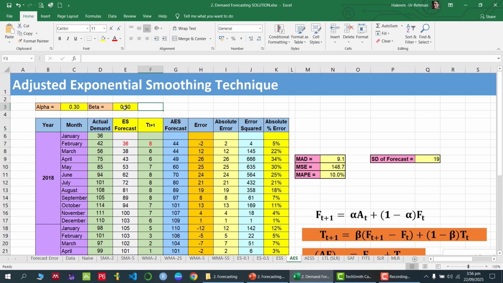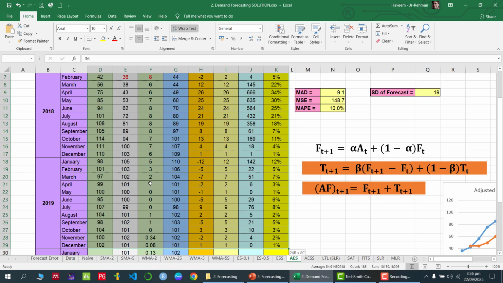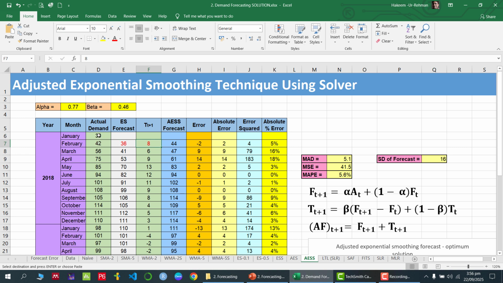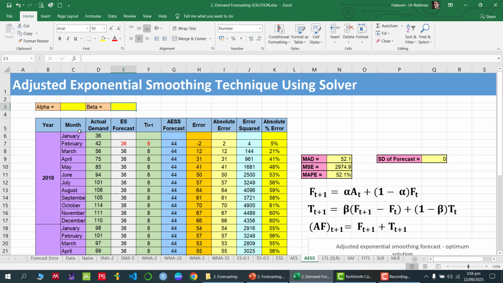Now the question is, as we were taking these values of alpha and beta randomly, let's say if I would like to optimally find these values, how can we do that? Let me first of all copy and paste these formulas over here and then remove these values.